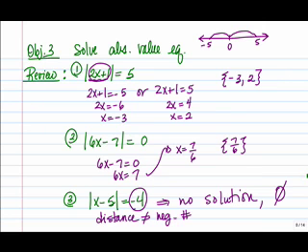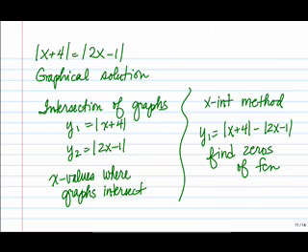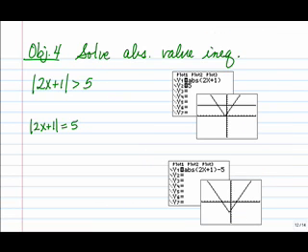We found negative 3 and 2. And that's actually confirmed here on the graph because negative 3 and 2 is where those two graphs intersect one another. Those are the solutions. Well, it's equal at negative 3 and 2.